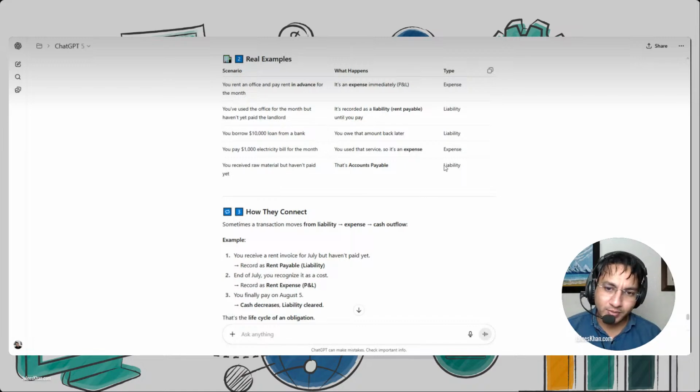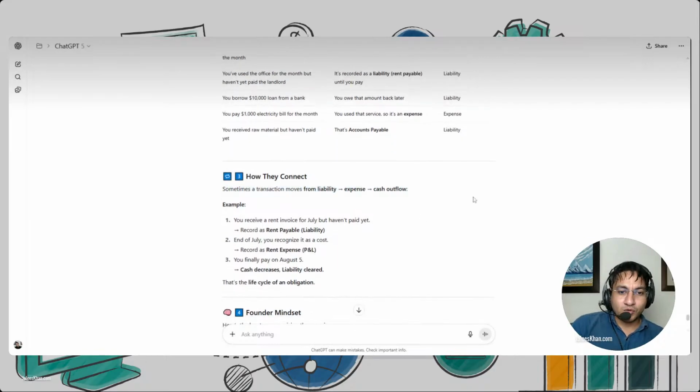So that's accounts payable liability. So it seems like the amount which I already paid is the expense which I made, and the amount which I am going to pay in future becomes the liability, irrespective of whether it is going to be my property after the payment or not. So that's what I'm understanding right now.